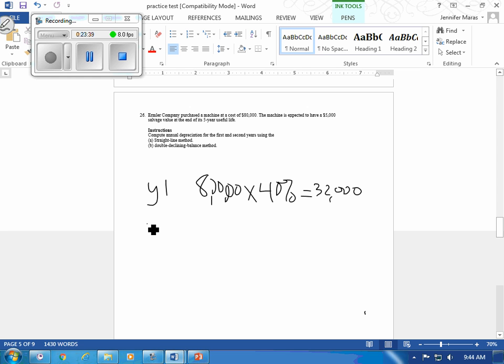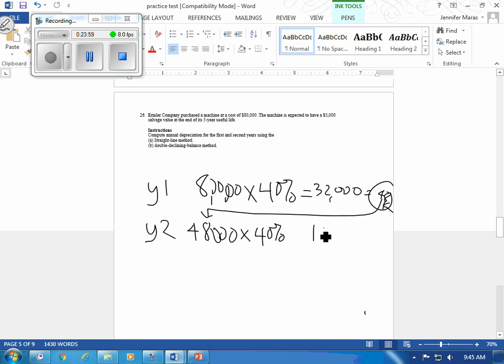What are we going to start year 2 at? Because we have to take 80 minus 32 to be the 48,000. We bring that amount to start the next year. We take that times the 40% again, 19,200. So that's each year.